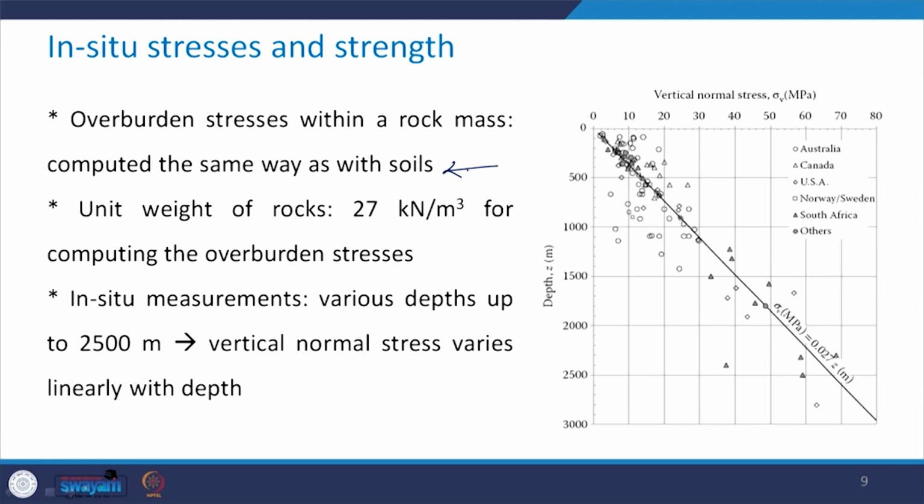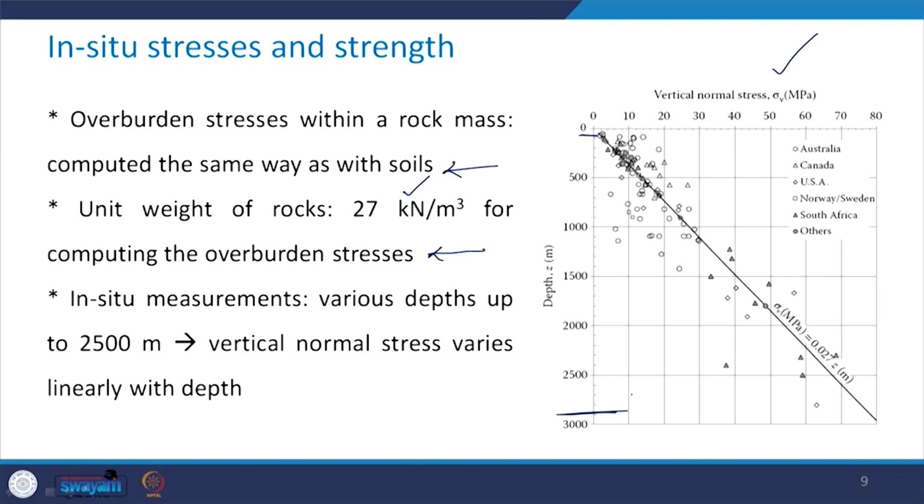Overburden stresses within a rock mass are computed in the same manner as is done in case of the soils. Generally, the unit weight of rock is taken as 27 kilonewton per meter cube for computing the overburden stresses. Here in this picture, in situ measurements are shown corresponding to various depths, from very near the ground surface up to more than 2500 meters depth.